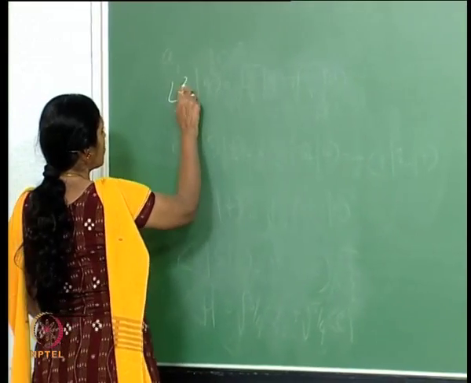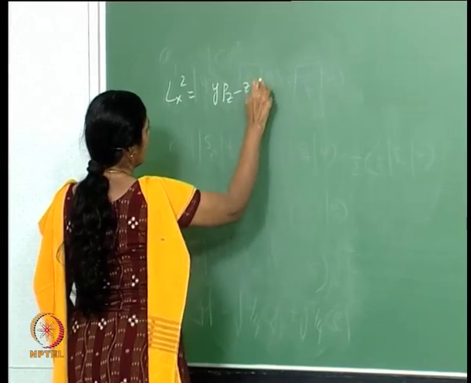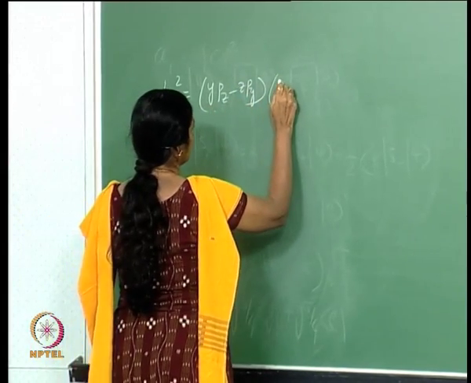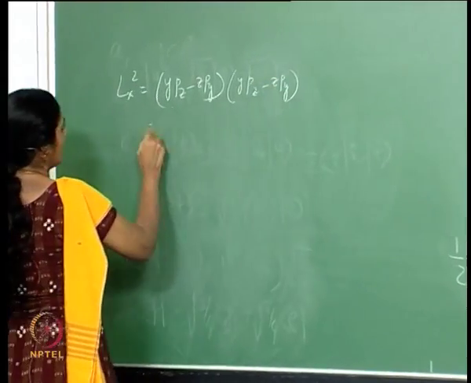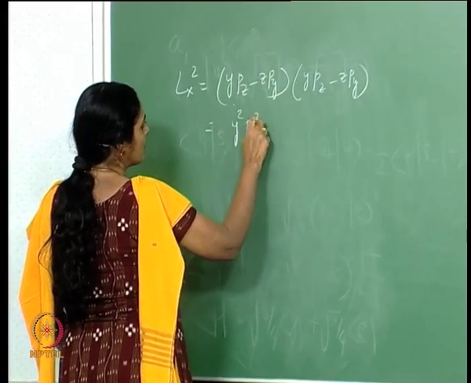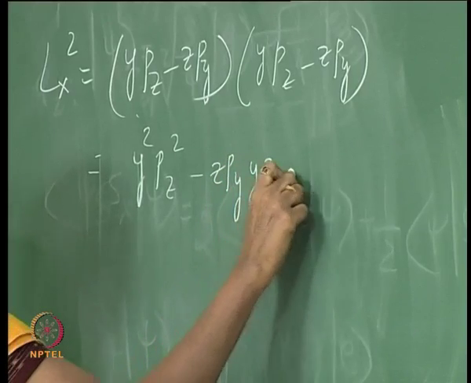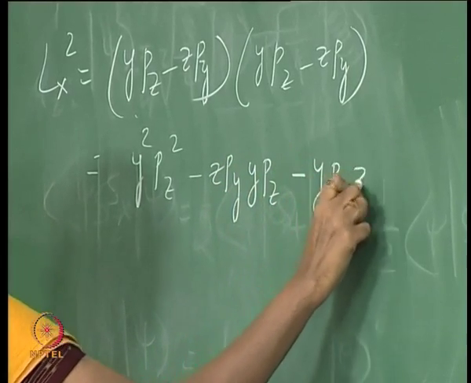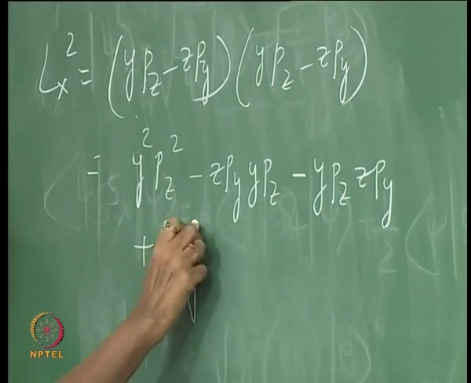And therefore, Lx squared we can expand as y squared pz squared minus zpy ypz minus ypz zpy plus z squared py squared.